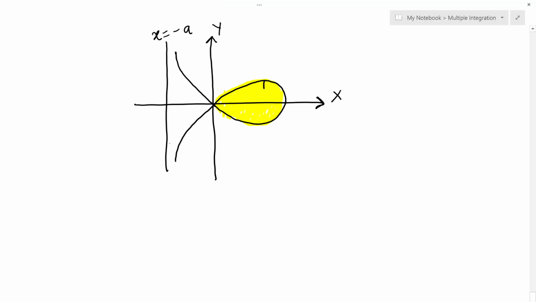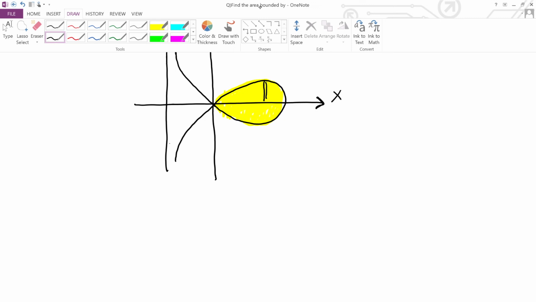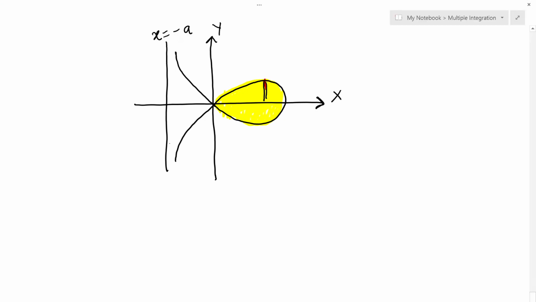So we will consider only this upper part. We are taking a strip which is parallel to the y-axis. You can see the strip here touches my x-axis, which is y is equal to 0, and here it touches the curve.